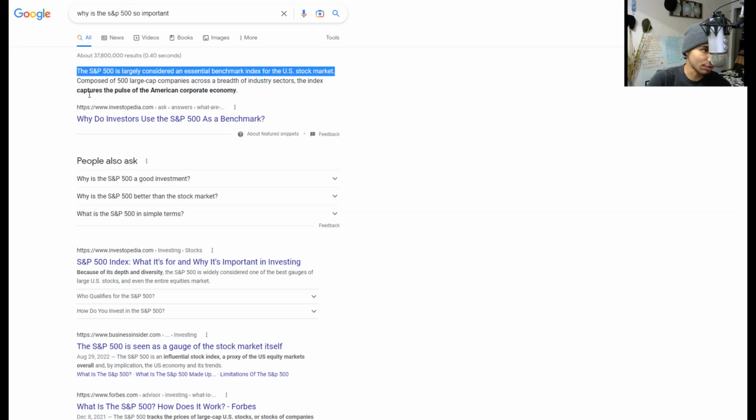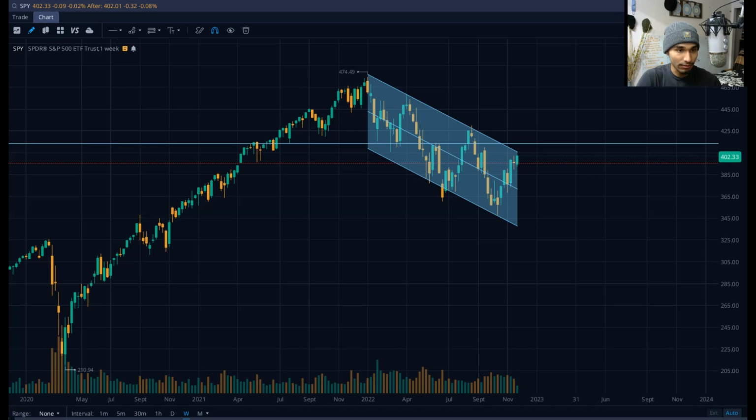The index captures the pulse of the American corporate economy. So in other words, it pretty much measures the health of the American economy in terms of the companies. And the reason why America is so great is because of great companies. So what do I have to say about this trend I'm watching?